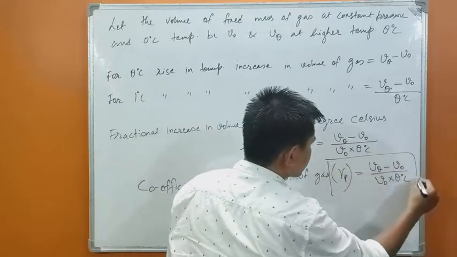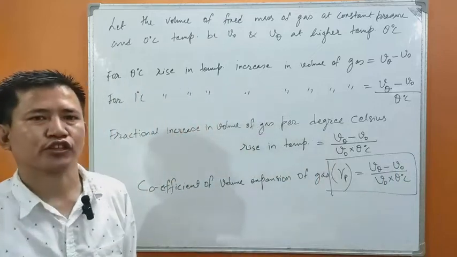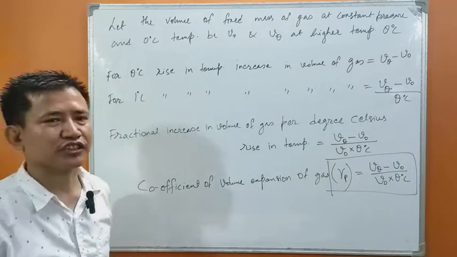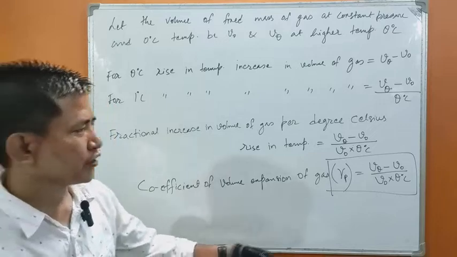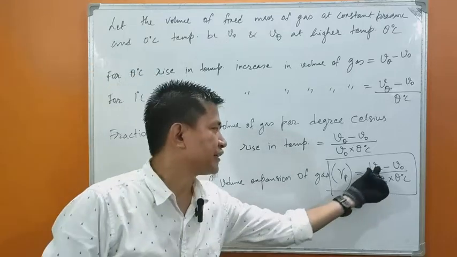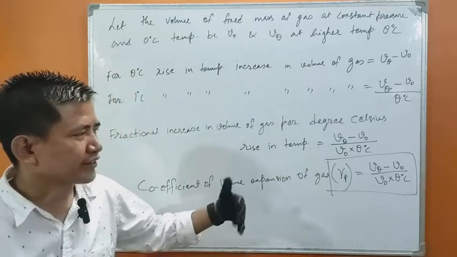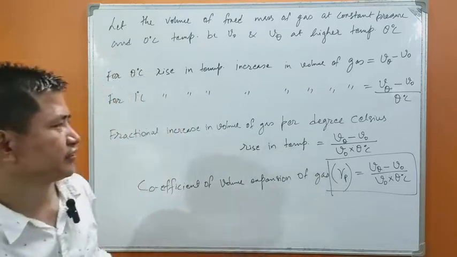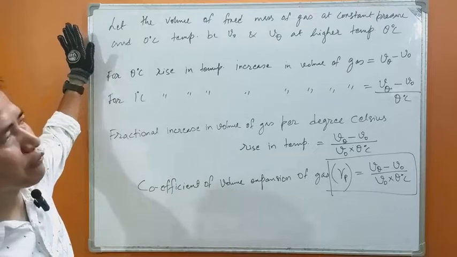This is the coefficient of volume expansion of gas. Okay, please take the screenshot. I am going to find the increased volume V theta when the temperature rises to theta degrees Celsius. Okay, please take the screenshot. I am going to erase this.